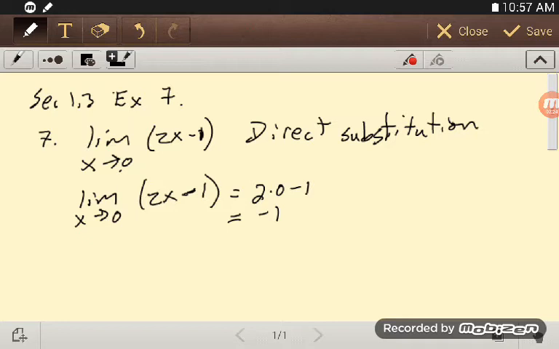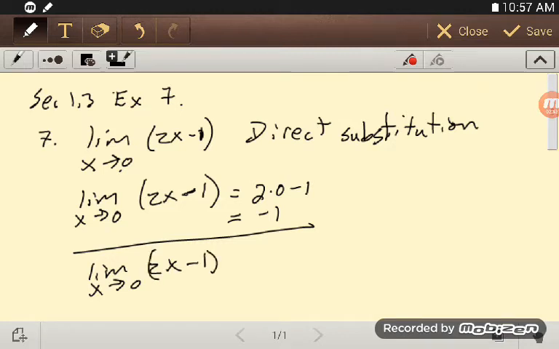Now, if you really want to think about it, and that's not a bad idea, you can look at it with our properties. So this is the limit as x goes to 0 of 2x minus 1. Now I can break that limit up and make that the limit as x goes to 0 of 2x minus the limit as x goes to 0 of 1.